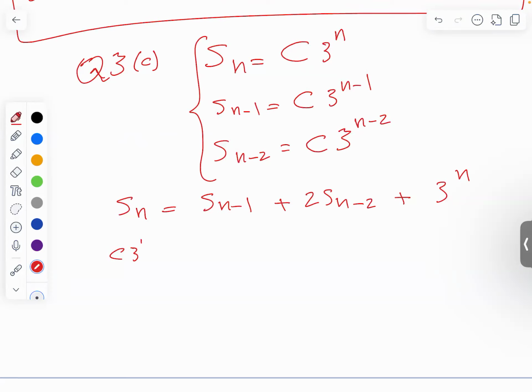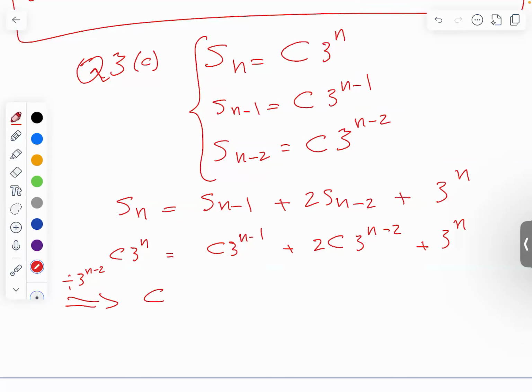C times 3 power n equals C times 3 power n minus 1 plus 2C times 3 power n minus 2 plus 3 power n. Let's divide both sides by the lowest power, 3 power n minus 2.